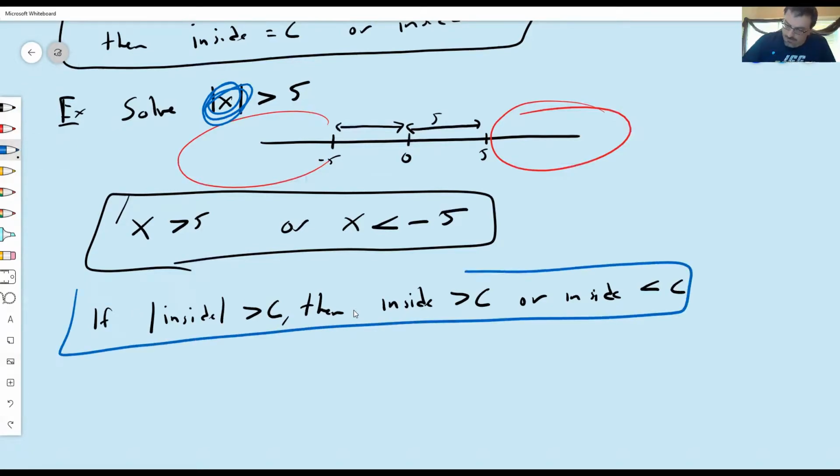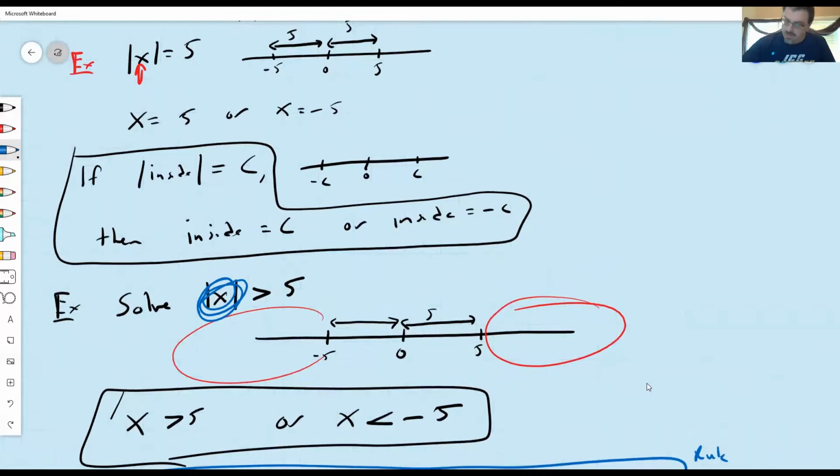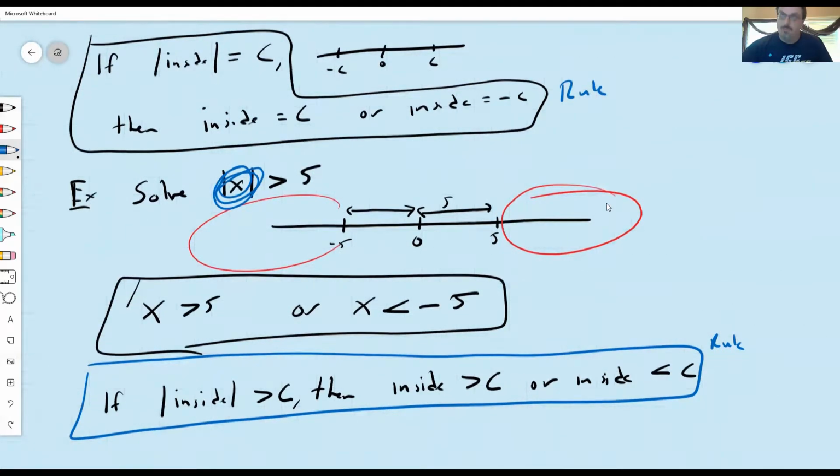And that's our rule. And if we come back down here, this is also a rule. Now, in both cases, these two rules, we should note that c has to be greater than or equal to 0.